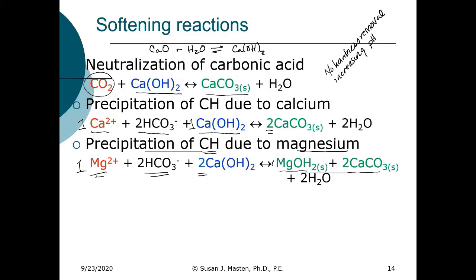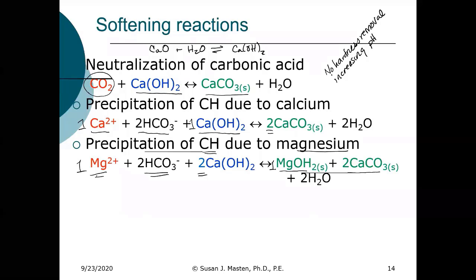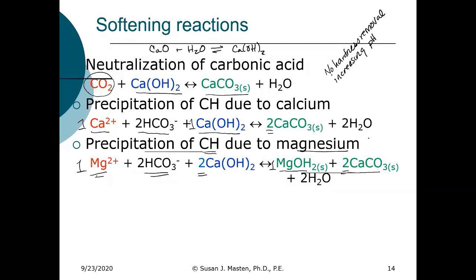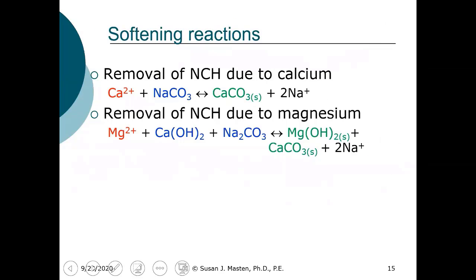So we produce 1 mole of magnesium hydroxide and 2 moles of calcium carbonate. In order to achieve this reaction, we need to increase the pH to 11.3. So we need a high pH. Here we're typically operating at about 10.5. So we need to increase that pH significantly above what we need to remove the carbonate hardness due to calcium.